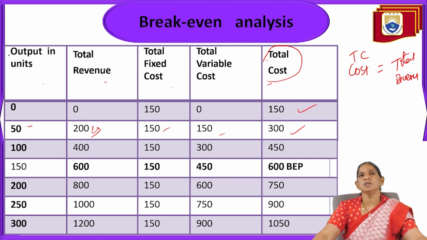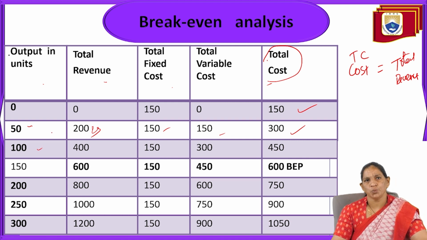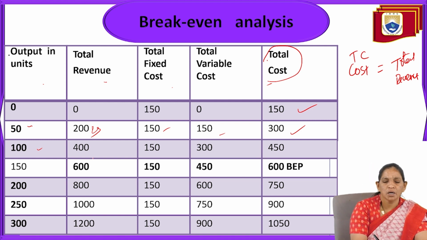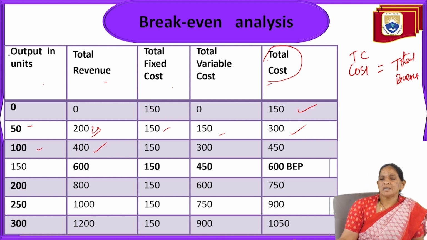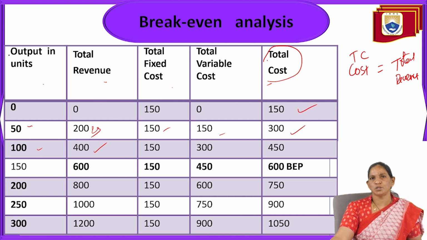Then the production was increased by another 50 units, so in total we produced 100 units. As the prices will be constant in the market, we sold the 100 units for 400 rupees. As the fixed cost is the same, it will not change up to a certain mark, so 150 is the usual fixed cost.